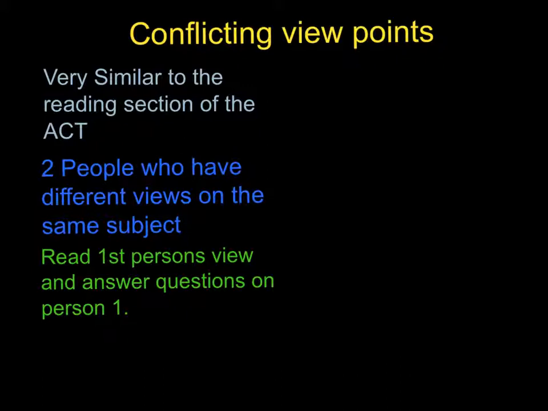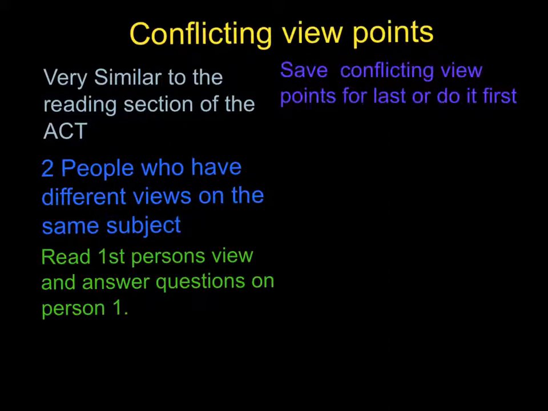What I did was I just read all of the people's viewpoints and then answered the questions. If I needed a reminder, I just looked back at the viewpoint of the person the question was about, so I could remember it. This way I didn't have to read through all the viewpoints and all the questions more than once.